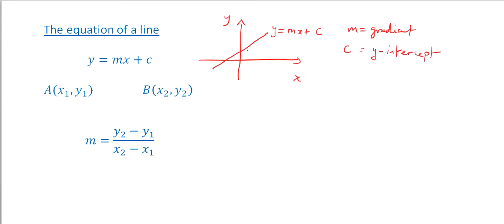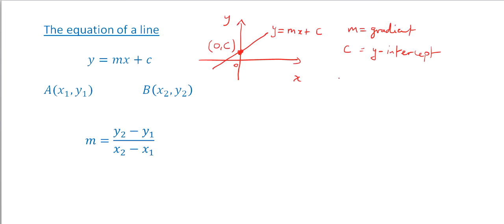Now when we say y-intercept, what is the y-intercept? The y-intercept is the point at which a straight line crosses the y-axis. So this point here is the y-intercept, and the coordinate of that y-intercept will be 0, c. Okay, this is your origin here. So the coordinates of the y-intercept is always 0, c. So the general form of the equation of a straight line is y is equal to mx plus c.